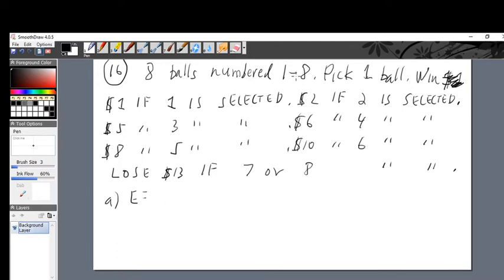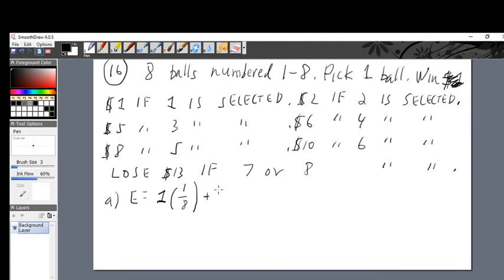What are the chances of picking 2? 1 out of 8. They're all 1 out of 8. So if you pick 1, you get a reward of $1. I'm not writing the dollar sign, it's too much trouble. You get $1, and there's a 1/8 chance of that happening. So you multiply the reward times the probability. That's how you deal with expectation.